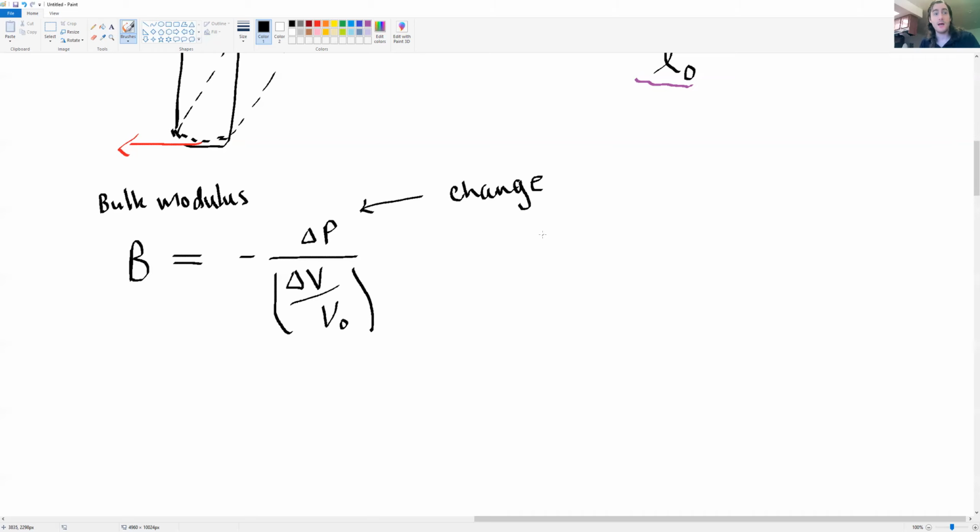But let's say maybe you have a balloon blown up already, and maybe you take that balloon into an area where the pressure is lower. What's going to happen to the volume of the balloon, right? Well, if you take the balloon into an area where the pressure is less, then the balloon is going to expand. So this is change in pressure here.